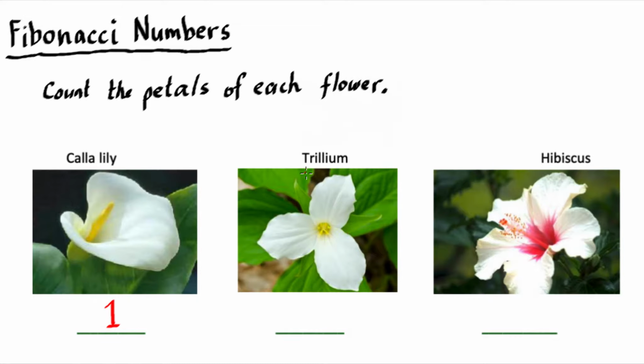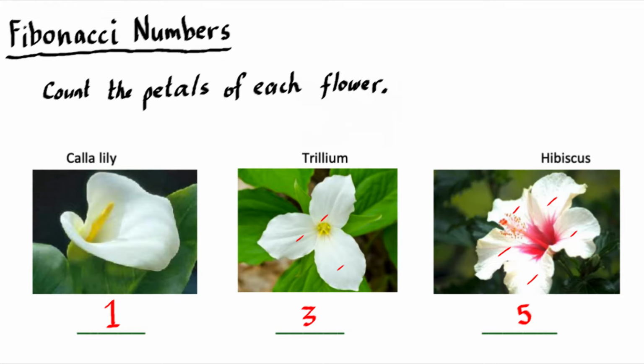You can see from the prefix of the flower's name that there are three. So we have one, two, three petals there. How about this hibiscus? There are five. It's kind of blurred, but this is one petal, two, three, four, and five. So there are five petals in this hibiscus flower.